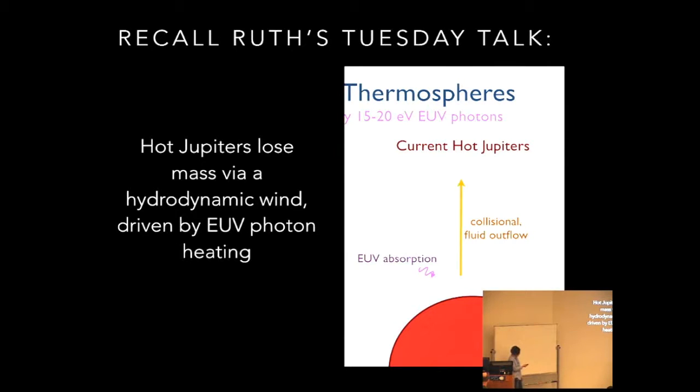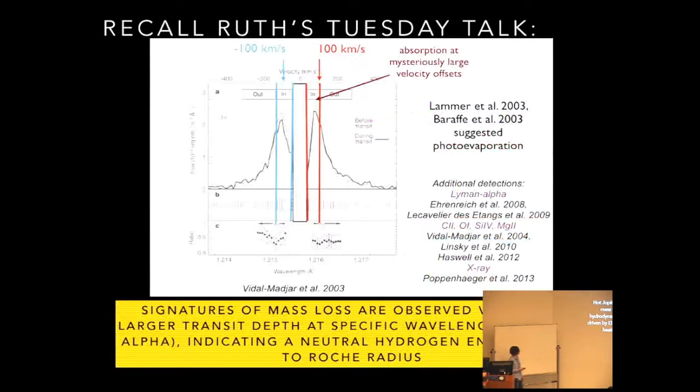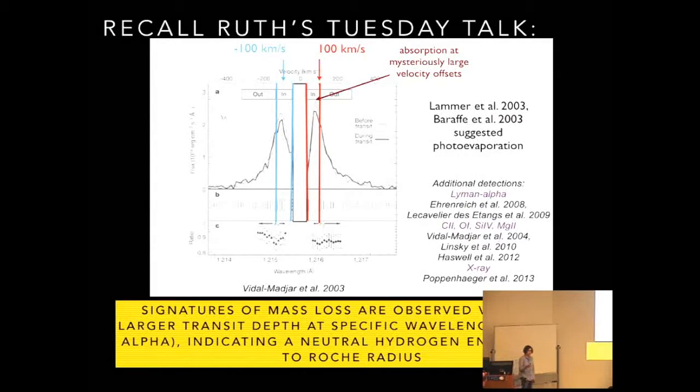And so I'm going to show you some three-dimensional simulations of this process. And recall that this is motivated by some really neat observations starting about a decade ago, where we actually see signatures of mass loss. And I think Jacob may talk about this from the observational perspective a little bit more tomorrow morning.